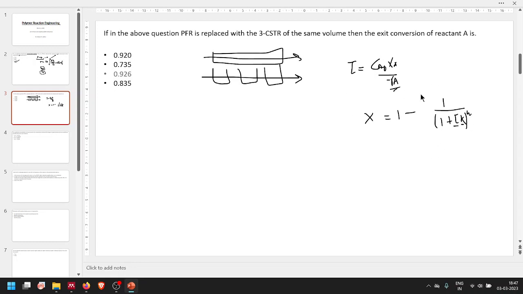For three CSTRs, this would be the expression for calculating the exit conversion of reactant A at the exit of the third CSTR. When comparison is made with the PFR, we will see that the exit conversion will be around 0.926 when we calculate through these expressions.